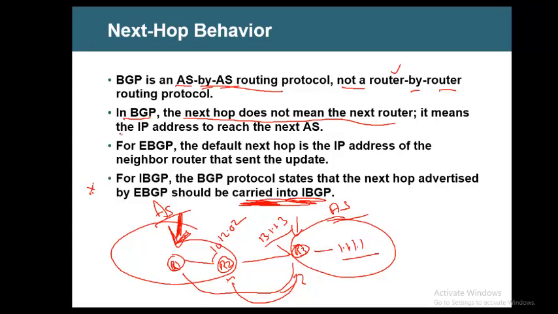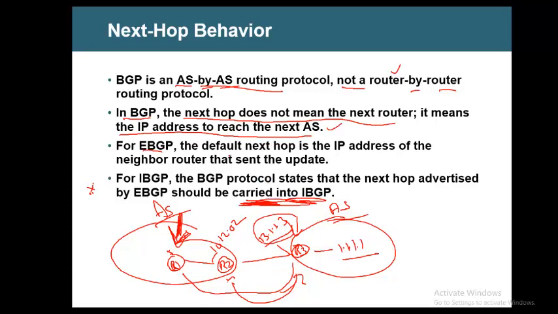It means the IP address to reach the next autonomous system. As I said already, in R1, the next hop to reach 1.1.1.1 will be 13.1.1.3, because that is the address with which we identify the next autonomous system.